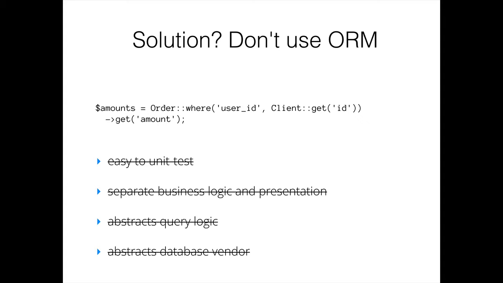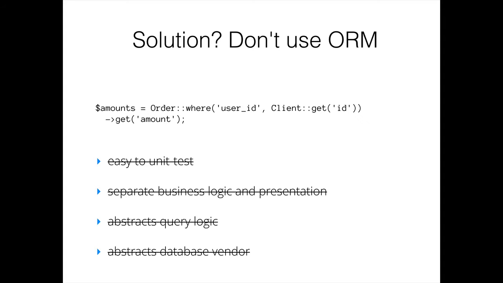In Laravel, the ORM itself extends Query Builder. So every model is based on query logic. The query logic is under each model. And what's the problem here? Unit tests are no longer easy to use. You lose all the benefits of ORM if you do that.